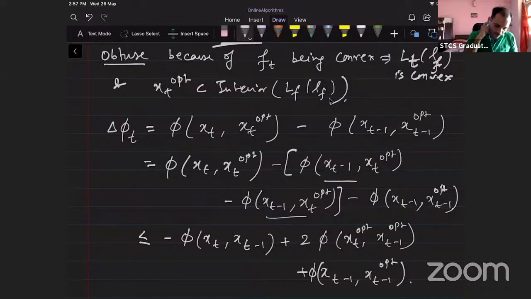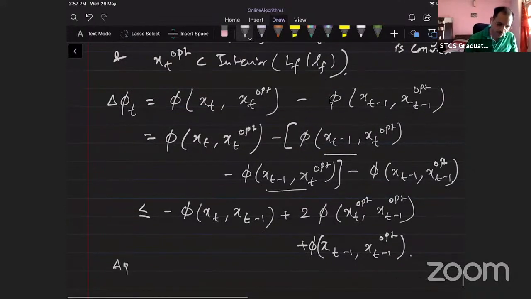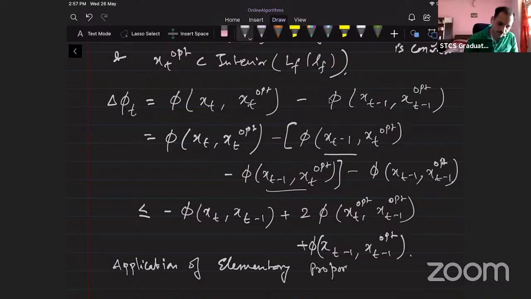Let me check if I'm not making a mistake here. So this is an application of my elementary propositions on the first 1, 2, 3 terms. That's all I have done. Okay. Any questions at this point?